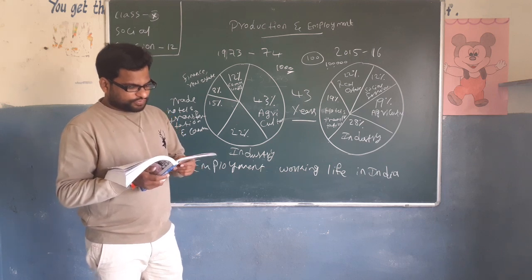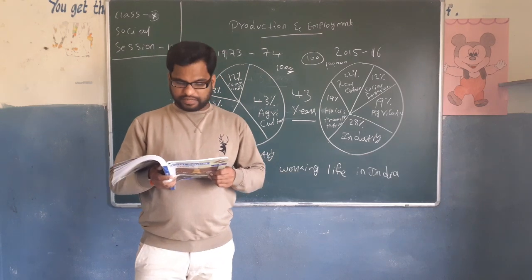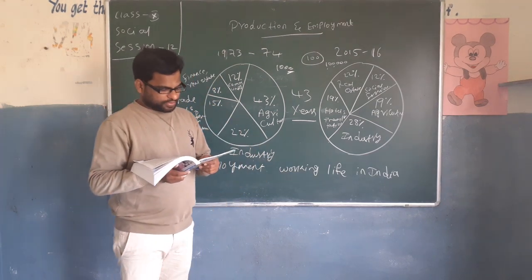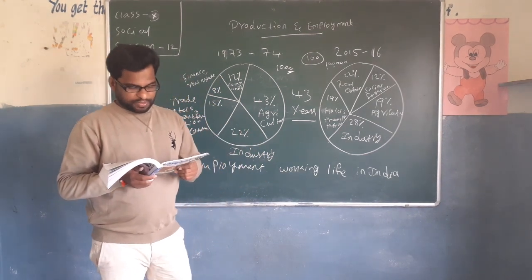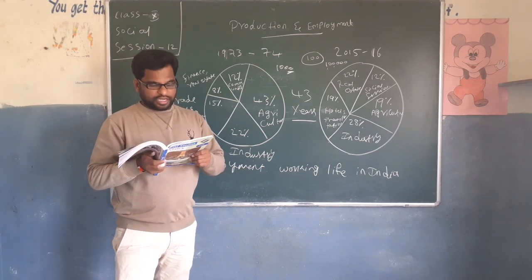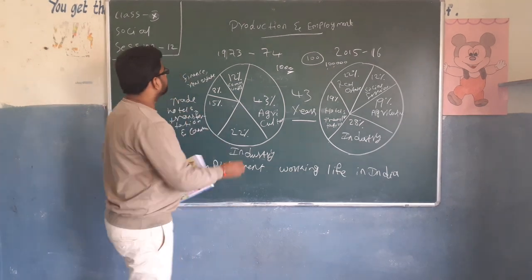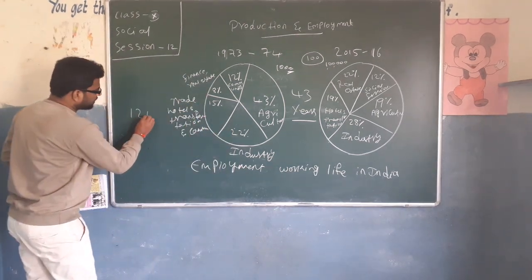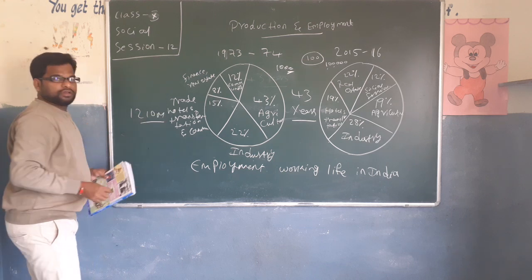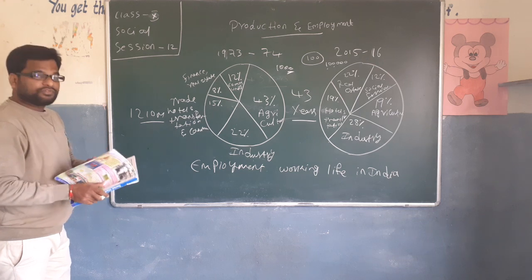According to the census of India 2011, out of 1210 million persons in India, 460 million people are the working class, that is, people engaged in some productive activities. What is it mentioning? According to the India census 2011, out of the population, 460 million people are workers.